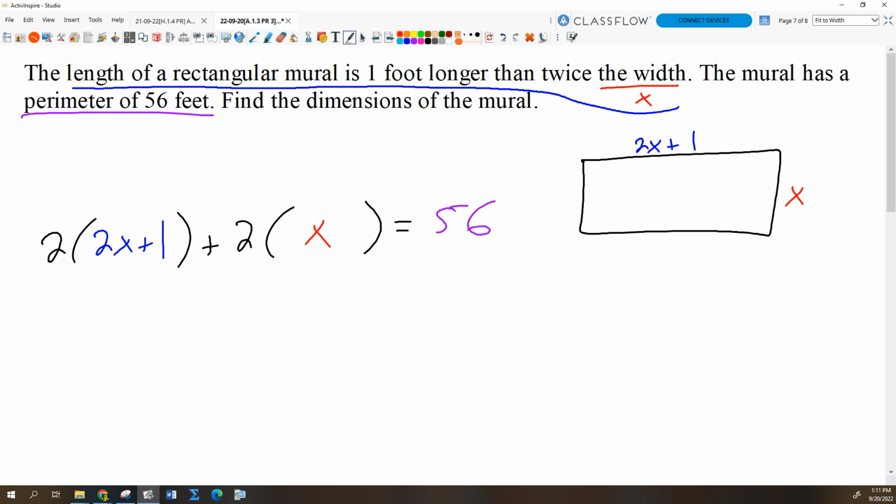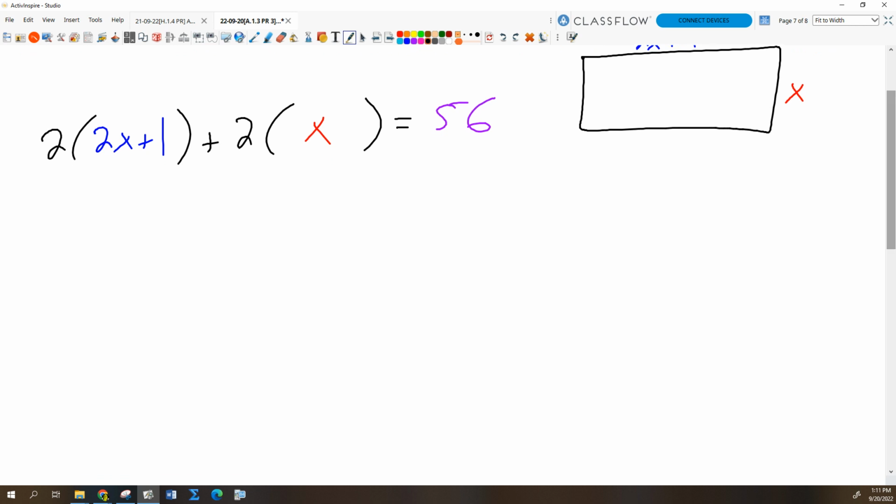Once we get there, we flip into algebra mode, and this is a piece of cake. If I distribute the 2, what am I getting here? Julia, if I distribute that 2, what do I get? Multiplying that 2 all the way through.